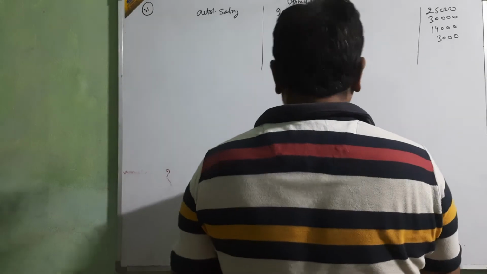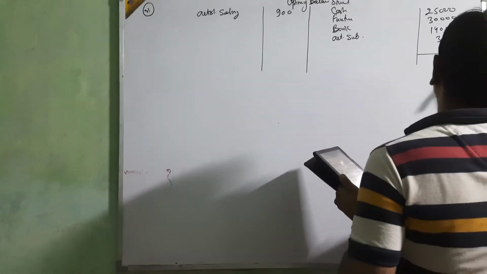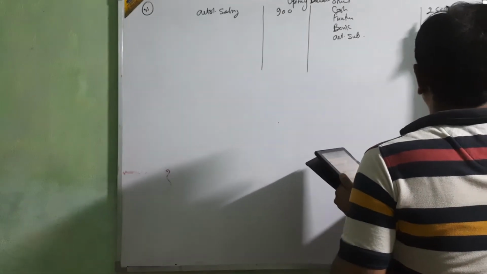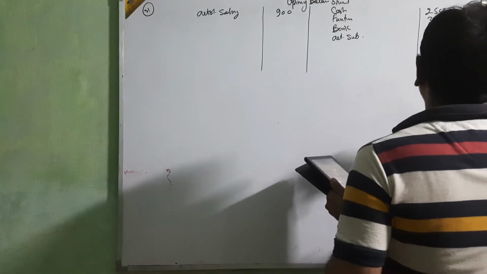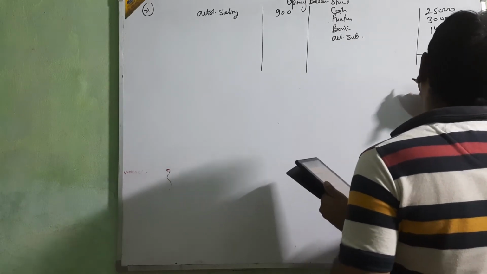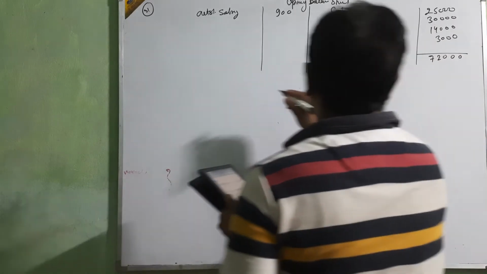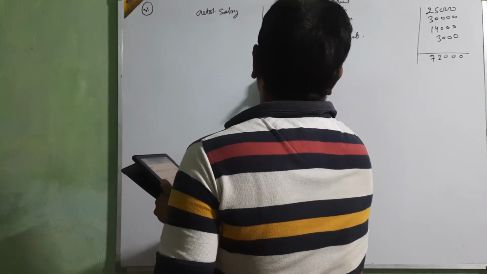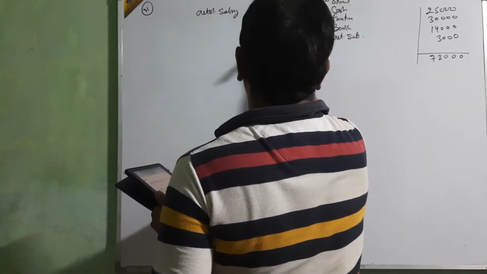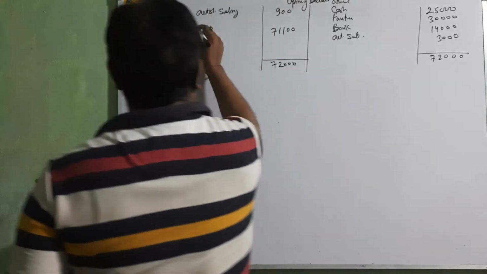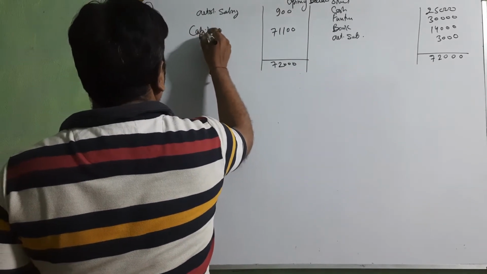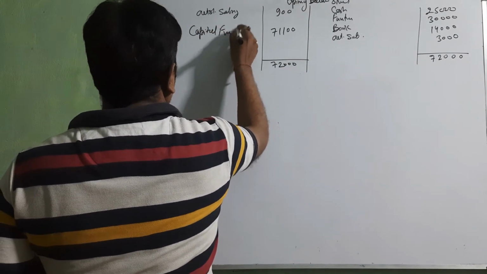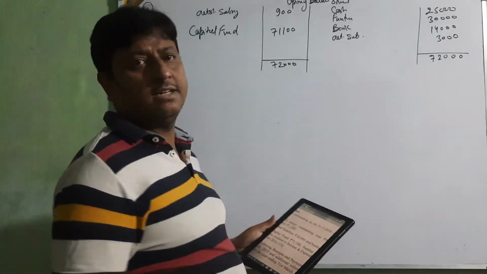Go for balancing this side: 72,000, the difference amount is 71,100. What is it?